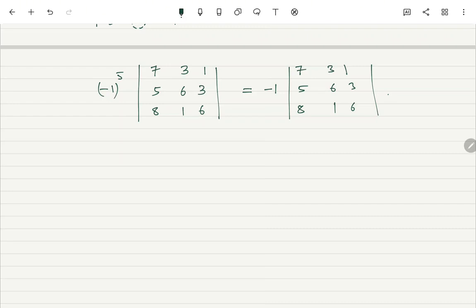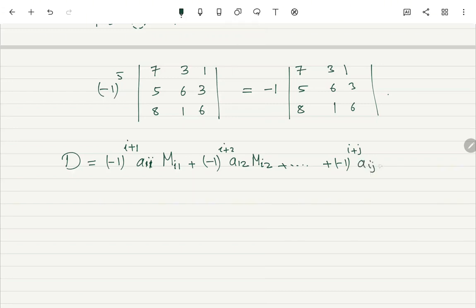In this case here, the determinant D is equal to minus 1 to the power i plus 1 Ai1 Mi1 plus minus 1 to the power i plus 2 Ai2 Mi2 until minus 1 to the power i plus j Aij Mij plus minus 1 to the power i plus n Ain Min.